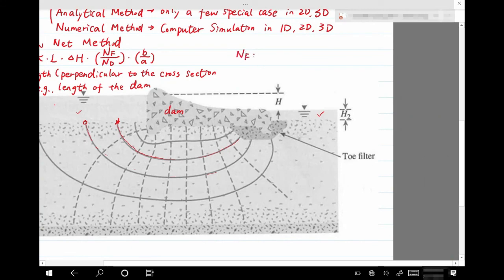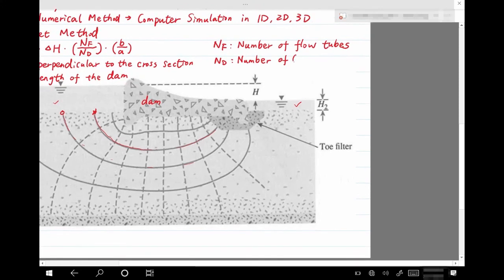And there are two key things, N_F and N_D. N_F, the meaning of it is the number of flow tubes. I'll explain what a flow tube looks like. And N_D is the number of drops. Some people call it equipotential drops.